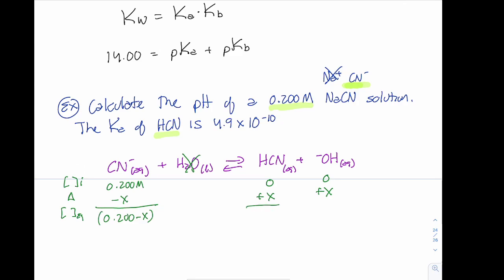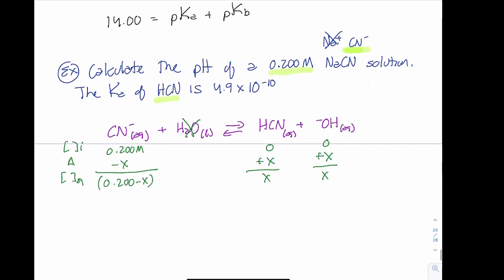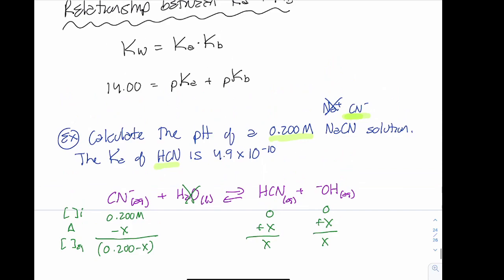And then at equilibrium, what I started out with, minus what I lost. And then on the product side, what I started out with, which was 0, plus what I gained. And then, because this is a base dissociation equilibrium equation, I need to set it equal to Kb, not Ka. However, I'm given Ka. We're going to determine Kb, though. We can calculate it using this expression.